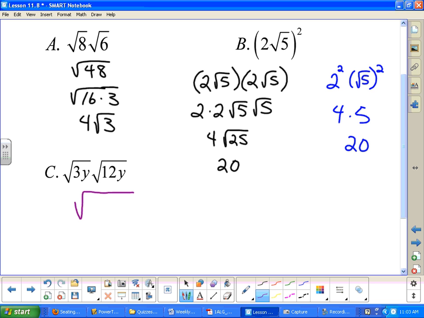What's 3 times 12? 36. So I multiply the constants together that are under the radical. And then I multiply the variables. What's y times y? Y squared. So Morgan, what does this equal then? 6y. Good. Square root of 36 is 6. Square root of y squared is y.